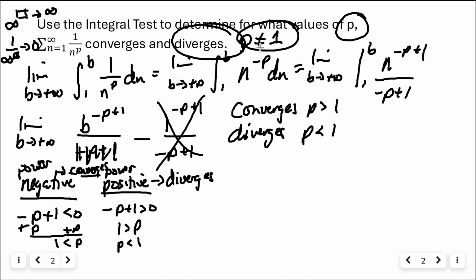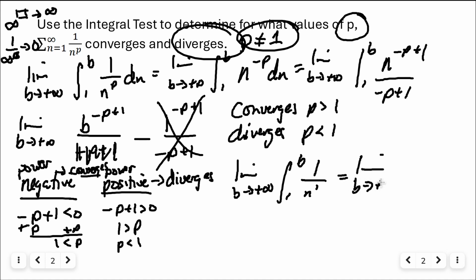But what if p is 1? Well, let's just do it. If p is 1, we end up with the limit as b goes to infinity, the integral from 1 to b of 1 over n to the 1. So 1 over n. The integral of 1 over n is the natural log. So this is a straight line from 1 to b, the natural log of the absolute value of n.